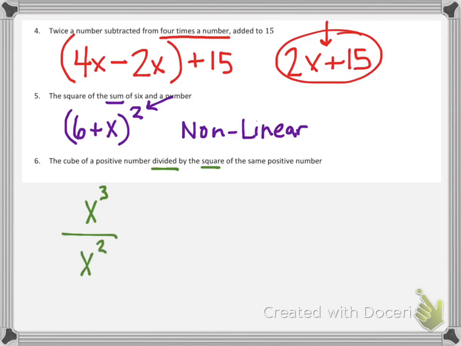And x cubed over x squared, when you first look at it, might look nonlinear, but if we simplify it, x cubed divided by x squared is equal to x, because we subtract the exponents to get x to the first, and that is linear. So number 6 is a linear expression.